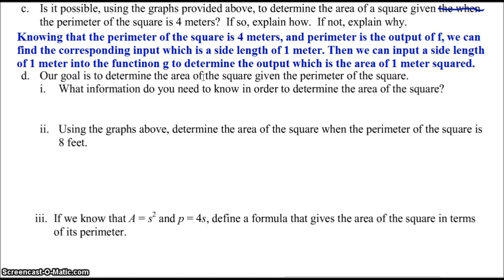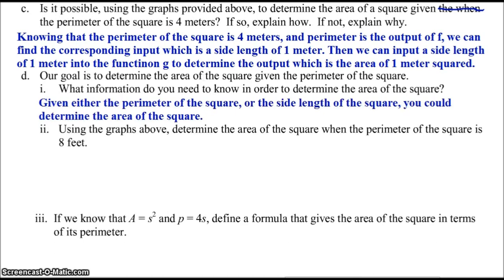We also know that if we just had the side length, we could determine the area of the square, because the area of the square is just the side length squared. So yeah, either one of those, perimeter or side length, either one, but we don't have to have both.